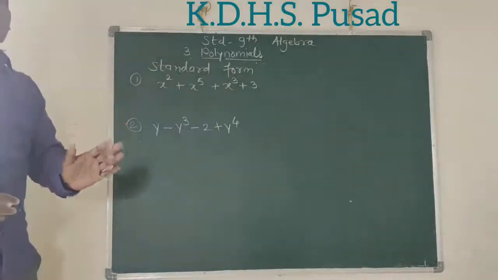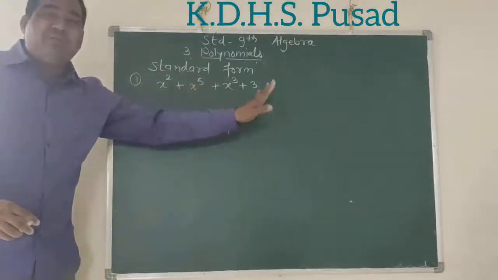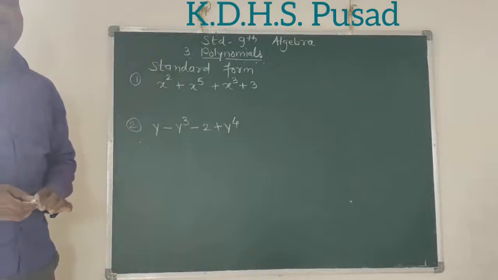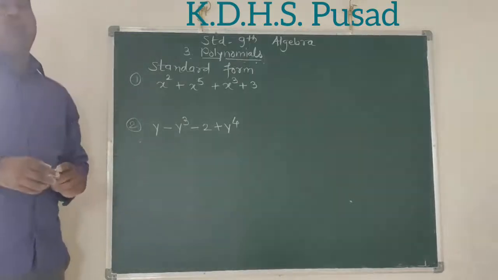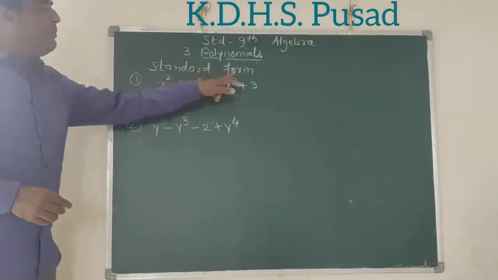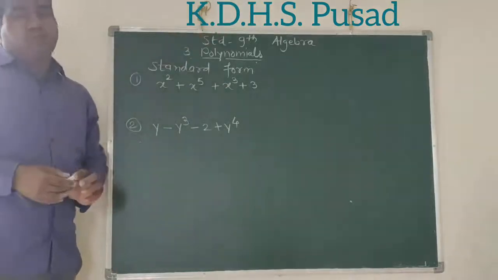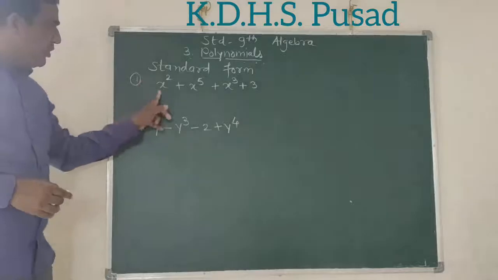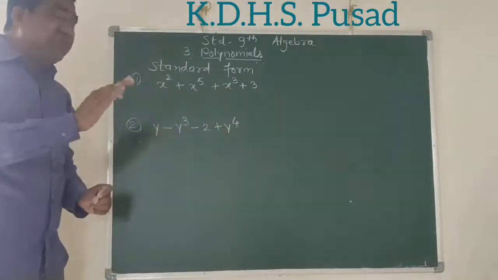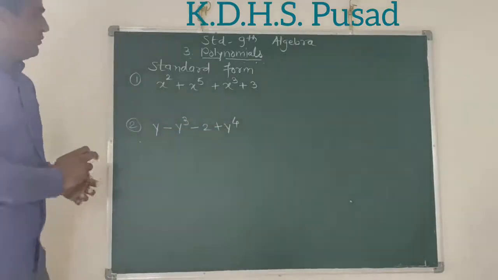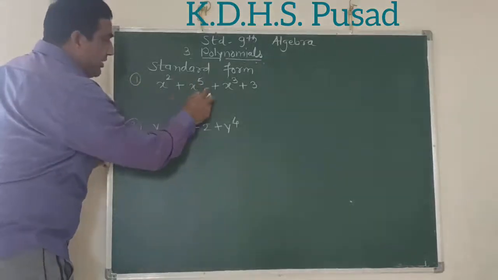For standard form, whatever polynomial is given to you, you have to arrange the terms of the polynomial according to the descending order of their power. First of all, check the maximum power, 5, and write this term first.